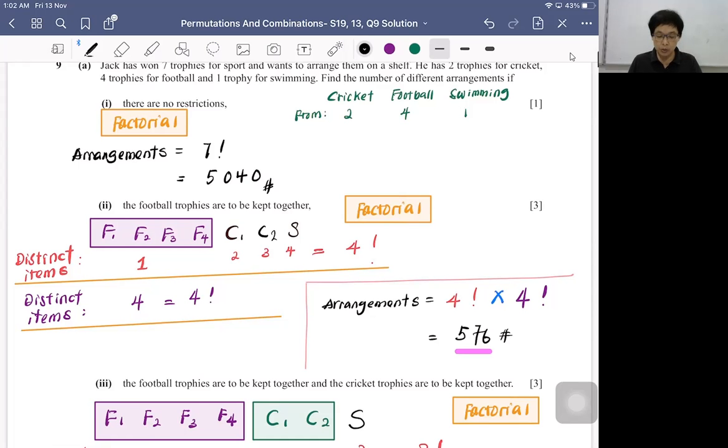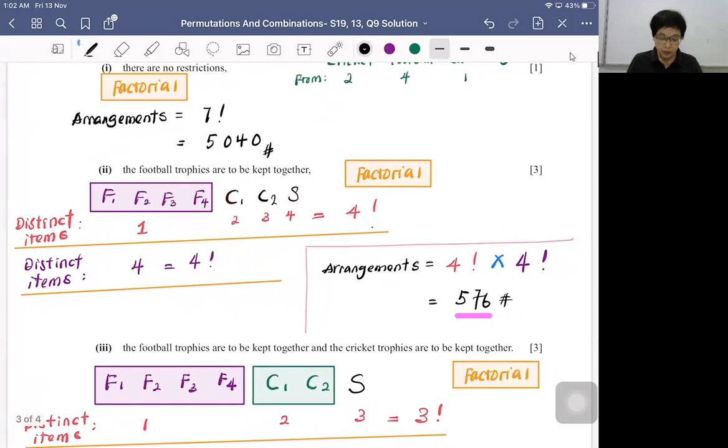Now, in the very first step, we will work out the arrangement if we group all the football trophies together and consider these 4 trophies as one unique item.